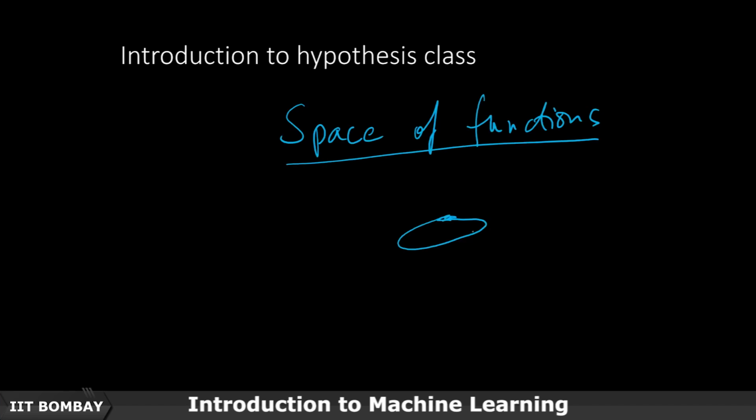This is called the set of hypotheses. This is the hypothesis class. What's a hypothesis? The hypothesis is that the function that I have learned is actually what is modeling the data, either the classification or the regression of the data, okay.